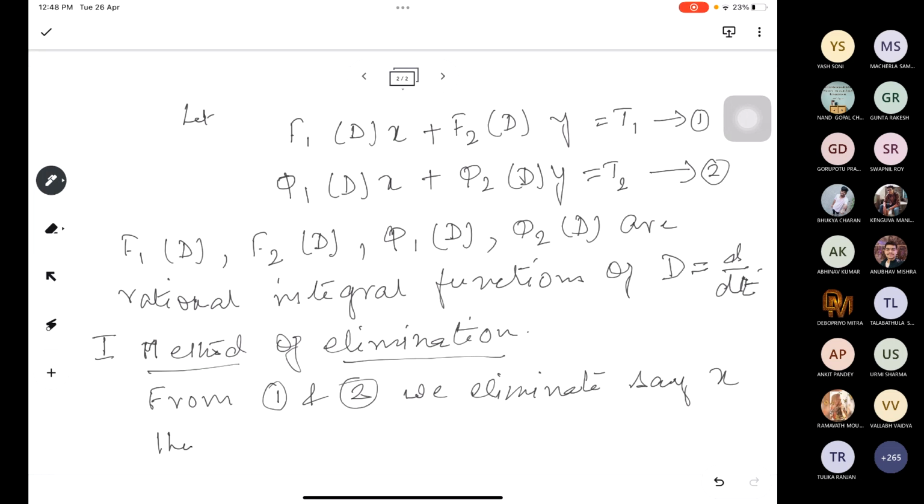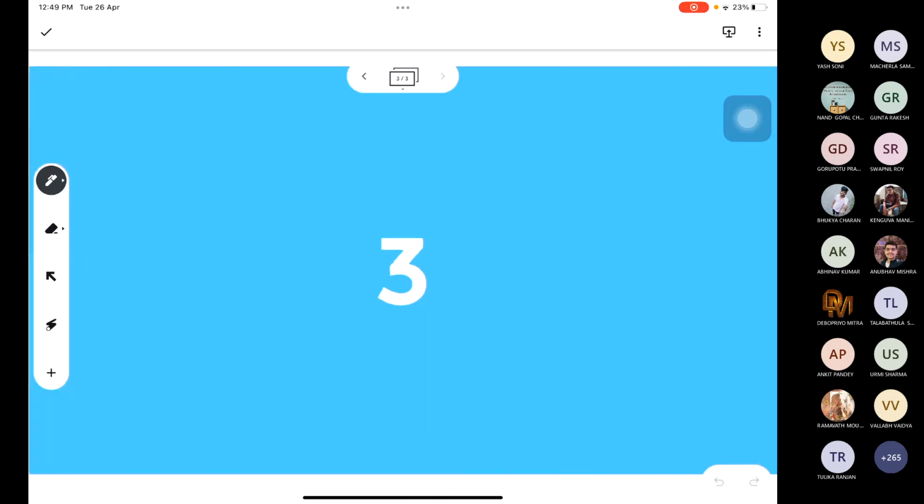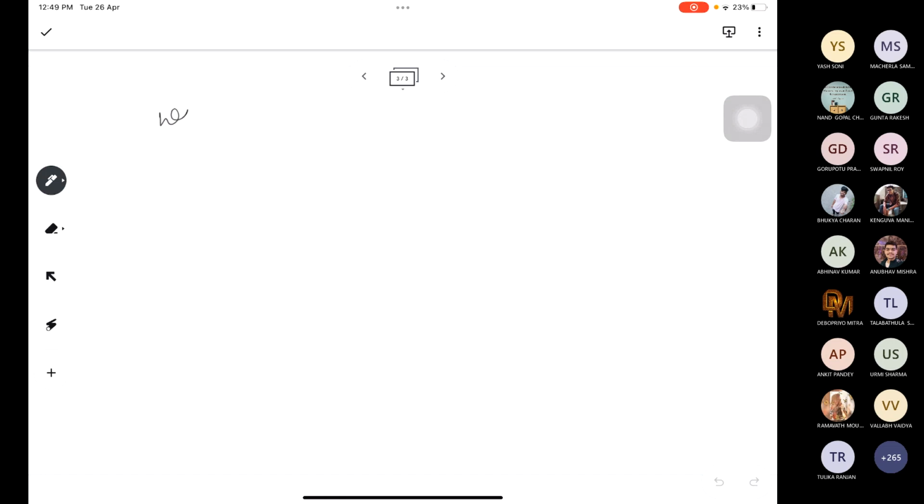Then we get a differential equation in y and t, which we can solve.